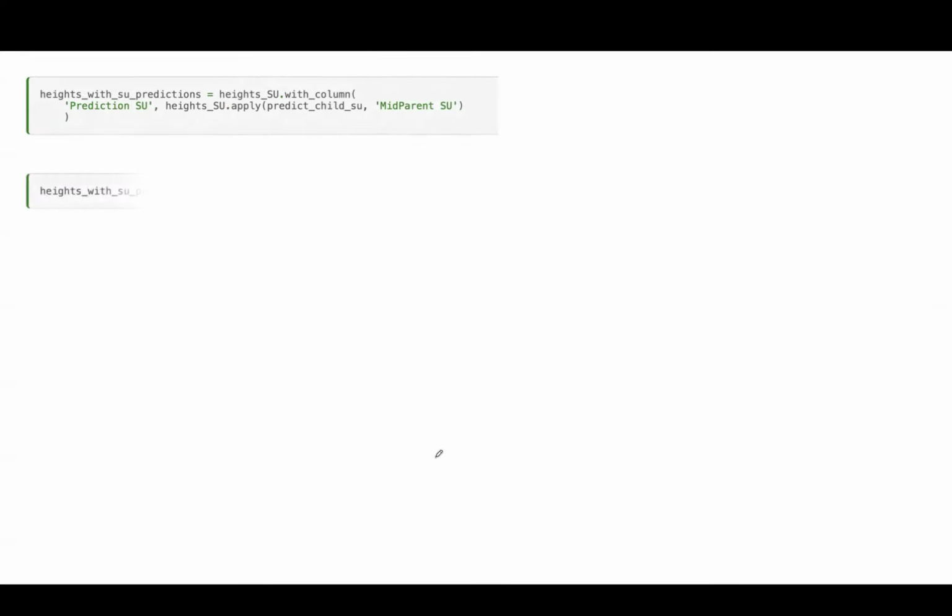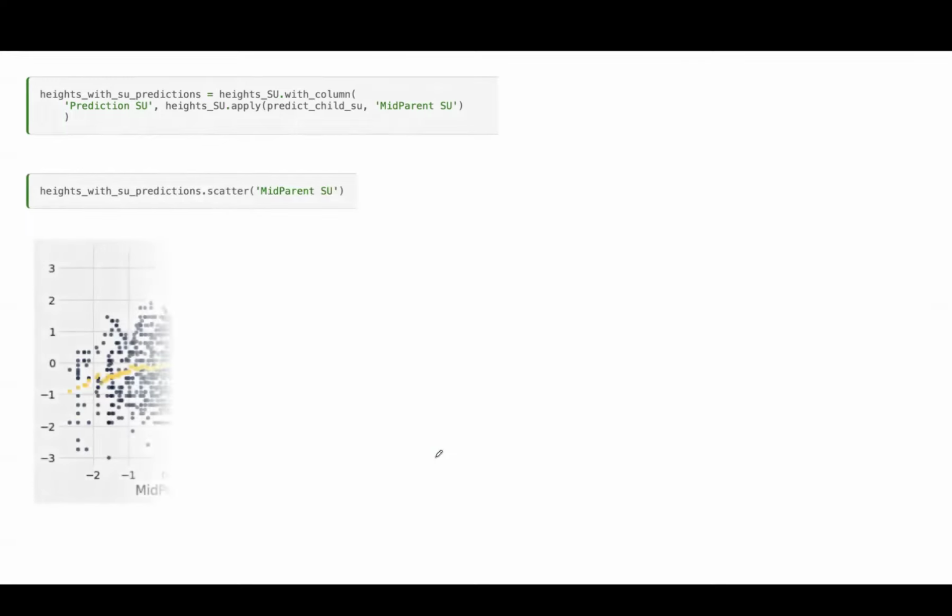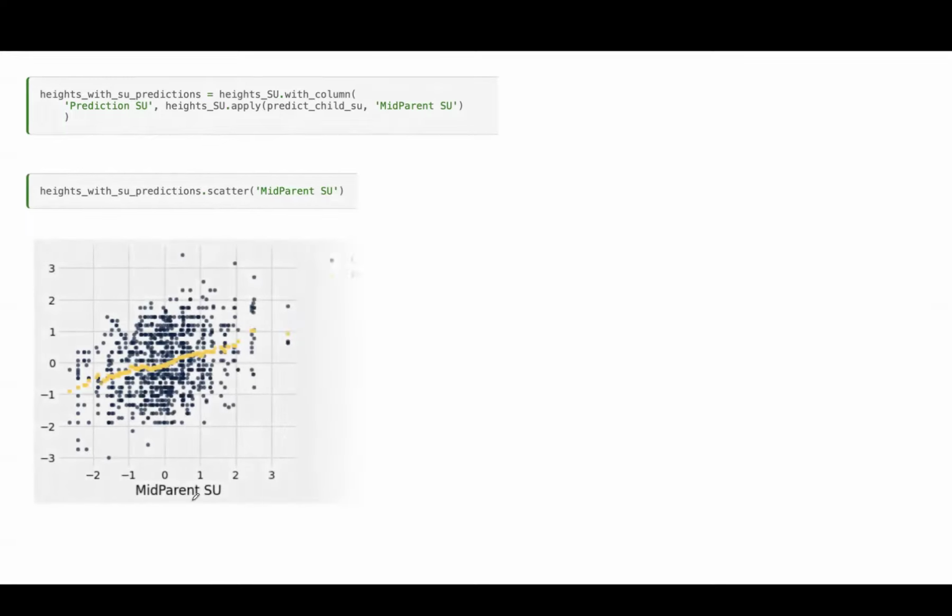What does the scatter plot look like? A scatter plot for mid-parent in standard units and child in standard units: the behavior is exactly the same as we saw before, but the scaling is a little bit different. Now you have 0, 1 unit to the right, 1 unit to the left, 2 units to the right, 2 units to the left, and so on.